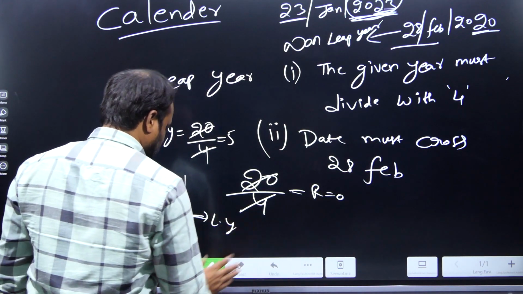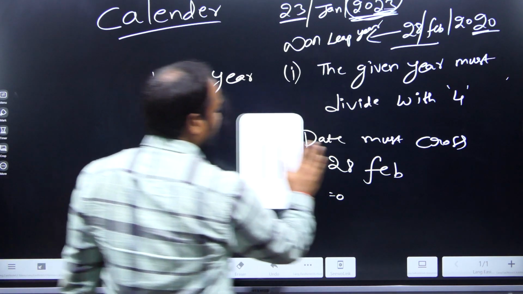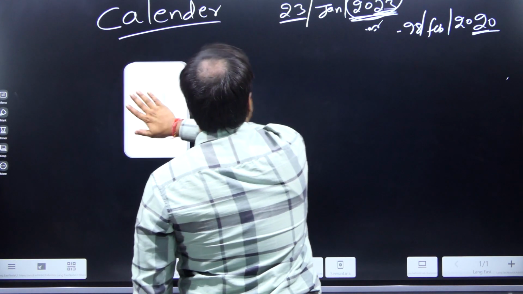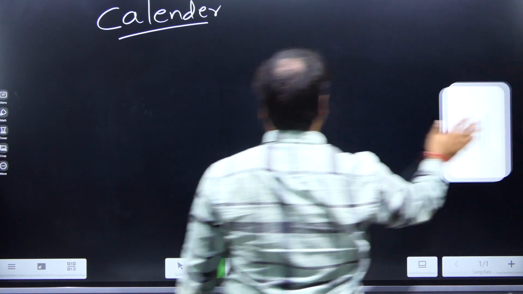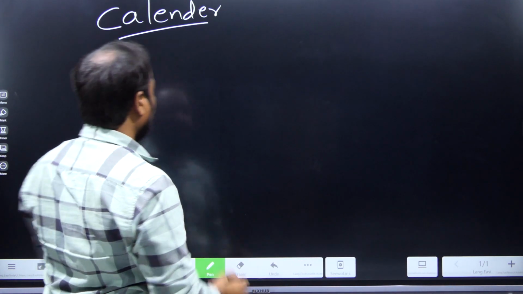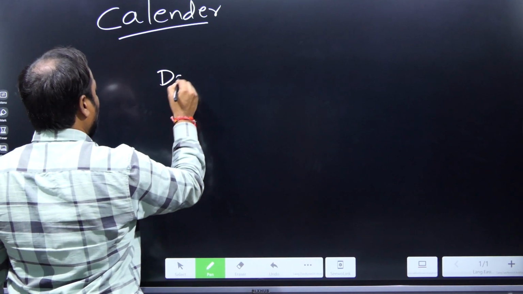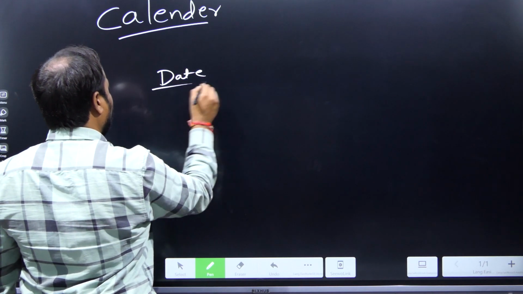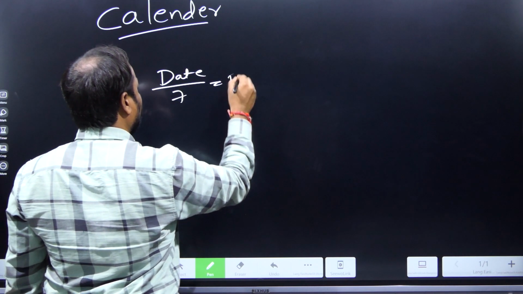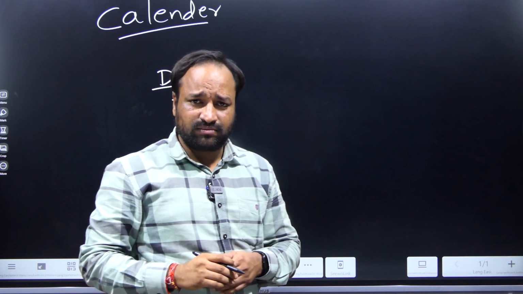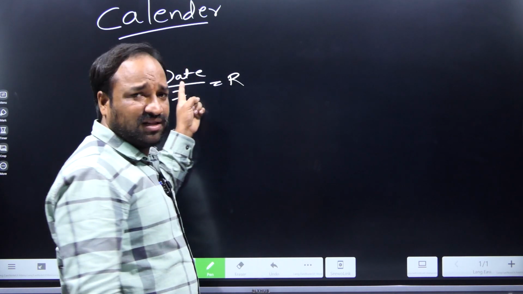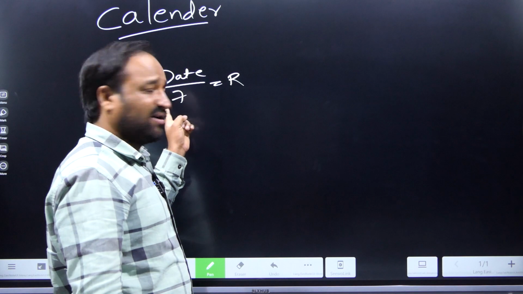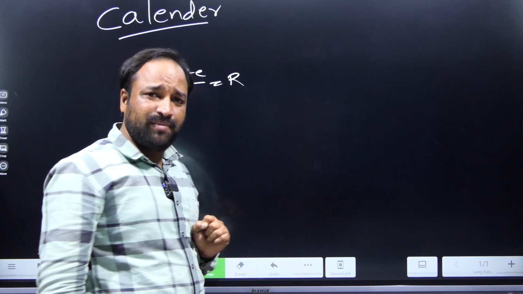Now, I'm drawing a box. Please make a note, everyone. First, I consider the date, and the date is divided by 7, and I consider only the remainder.